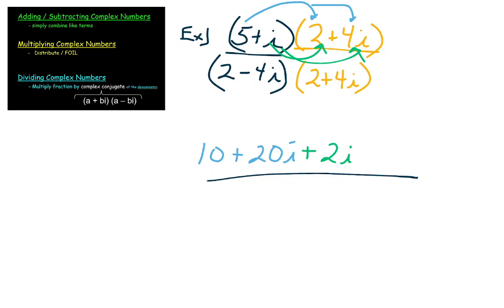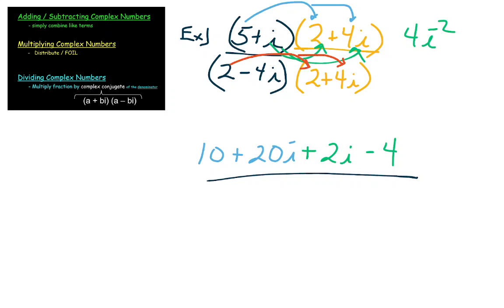Remember, i times 4i is 4i squared. But we talked on the previous page that that's going to be like 4 times negative 1, which is the same as negative 4. I'm going to encourage you guys to write it as negative 4 as soon as you can. We're not done. We still have to multiply or FOIL or distribute the bottom.